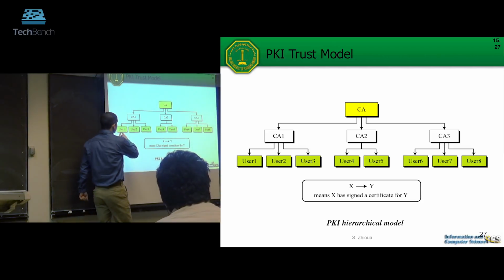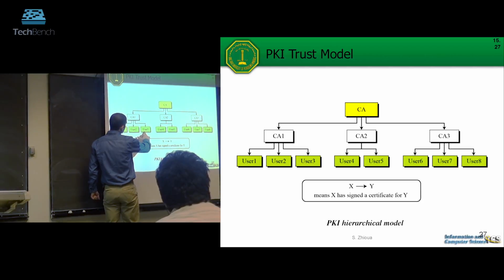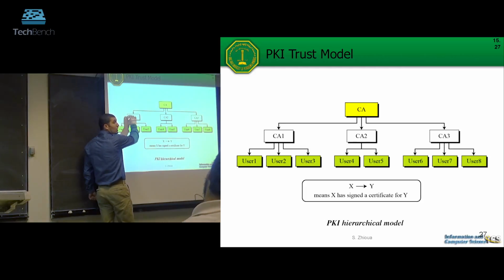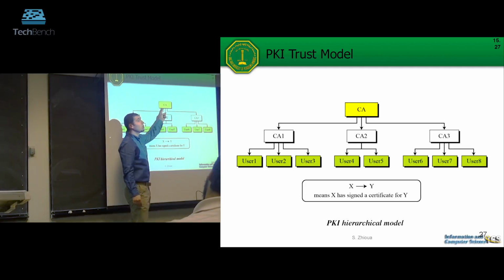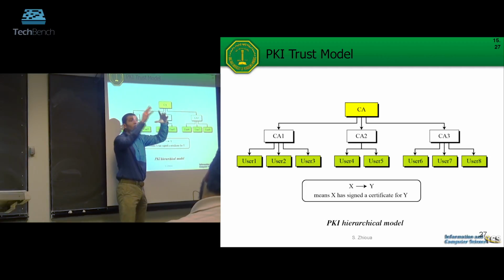Basically, users here, this group of users, for example, will get their certificates authenticated by some regional certification authority, CA1, and that CA1 is certified by the root certification authority. So it's a kind of hierarchy.